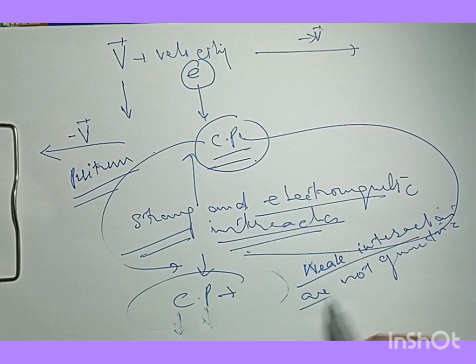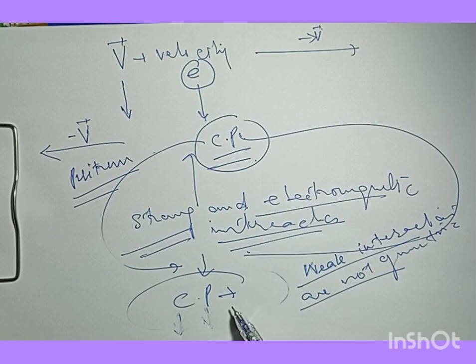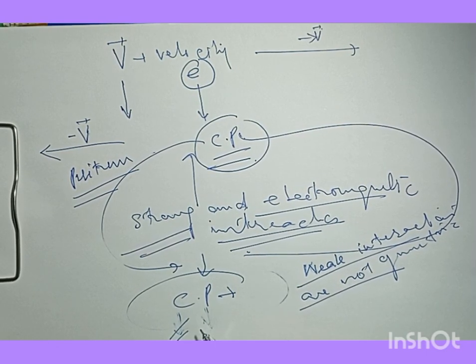What is important here is that these weak interactions are not symmetric under the CP transformation, because it violates both charge conjugation and parity symmetries that were demonstrated.